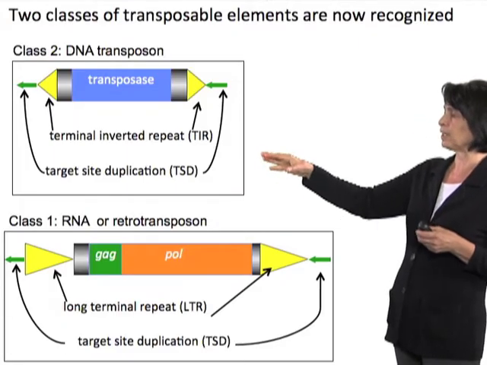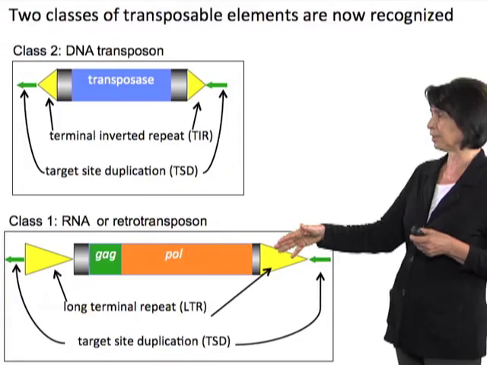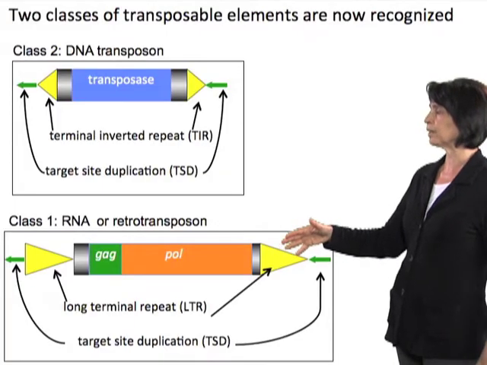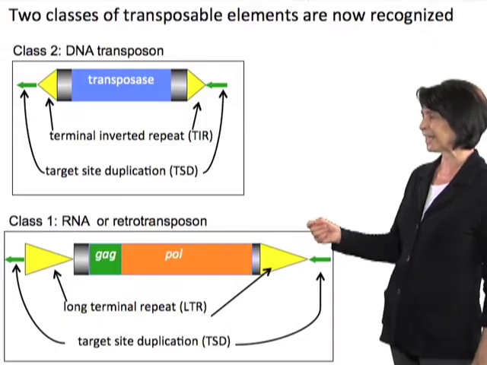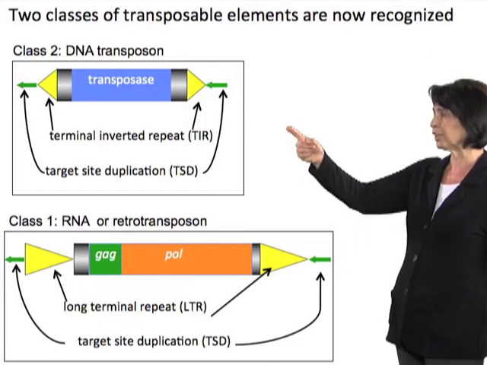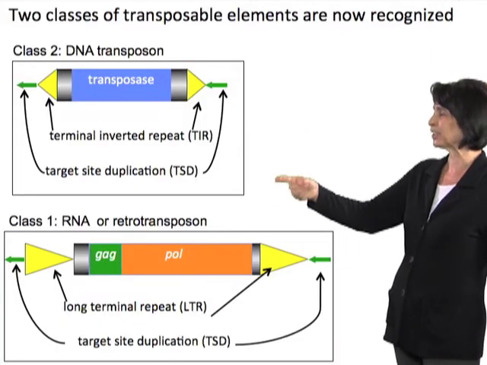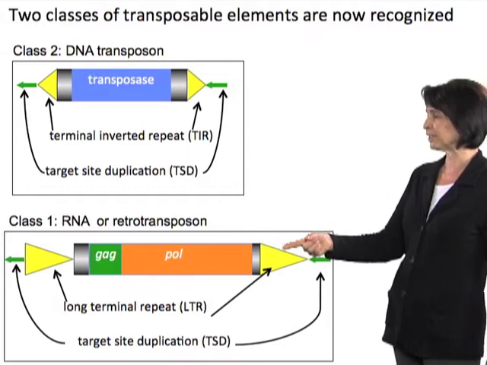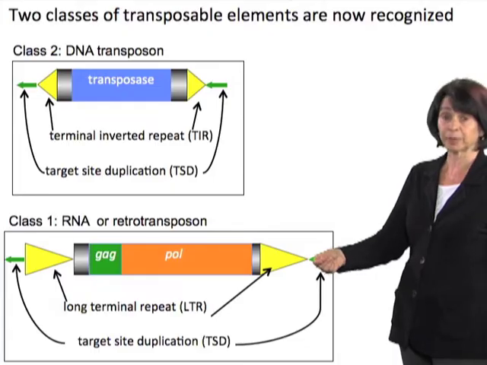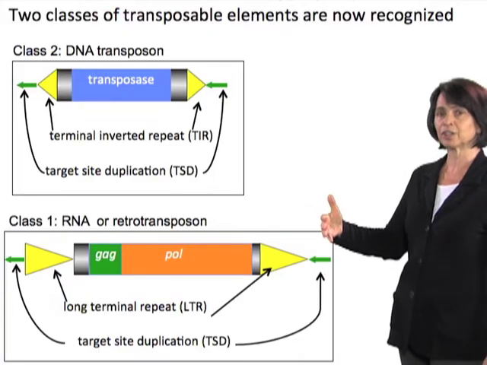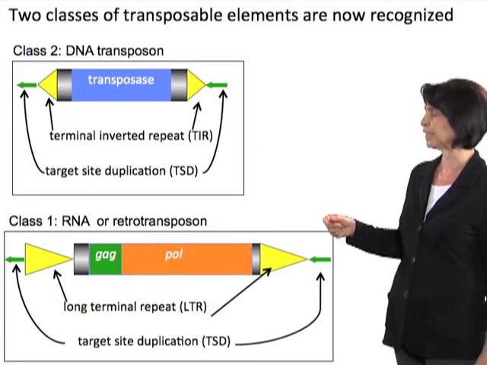Now, the retrotransposon is characterized by long terminal repeats. So the ends of the element are not inverted repeats like the DNA transposon, they're direct repeats, which are shown here. They also have a target site duplication because the insertion occurs in the same way as the insertion of DNA transposons.